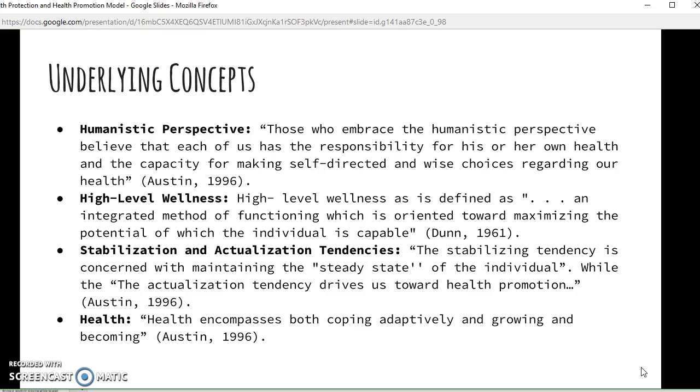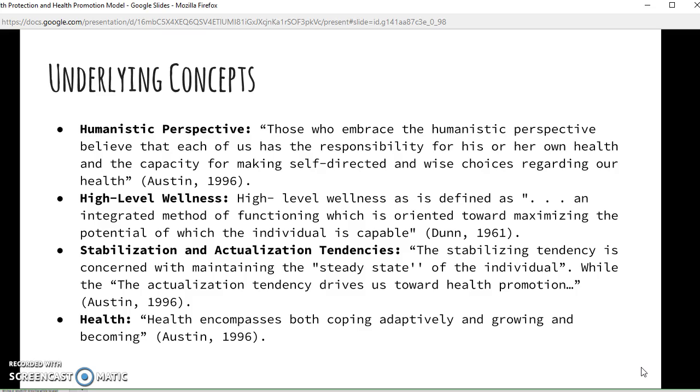Individuals are responsible for their own health, and it's critical that they become involved in this decision-making and fulfill it to their best ability. Along with that, under the humanistic approach, people are seen as being in a dynamic interaction with their environment, in which both their environment and they themselves are affected.